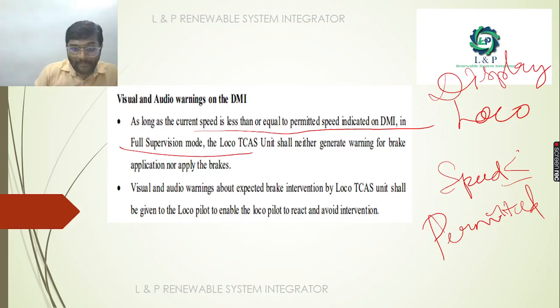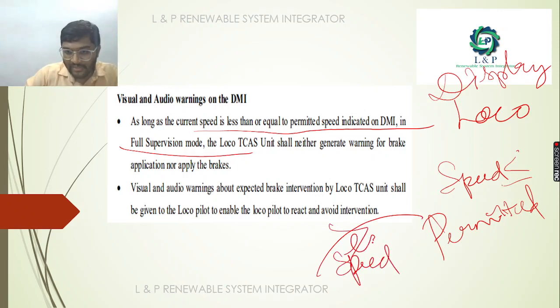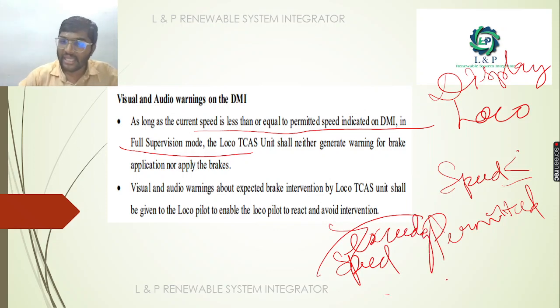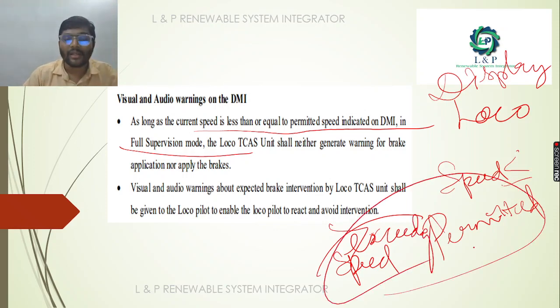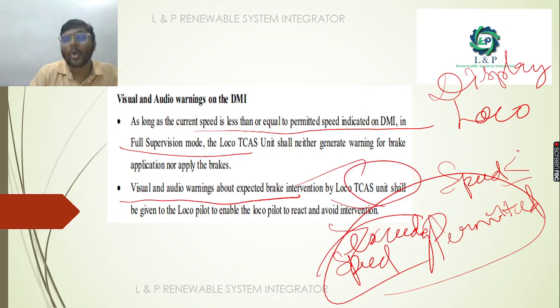But when it is exceeding the permitted speed, what will happen? We need to create visual and audio warning about the expected brake intervention by the loco train collision avoidance unit.